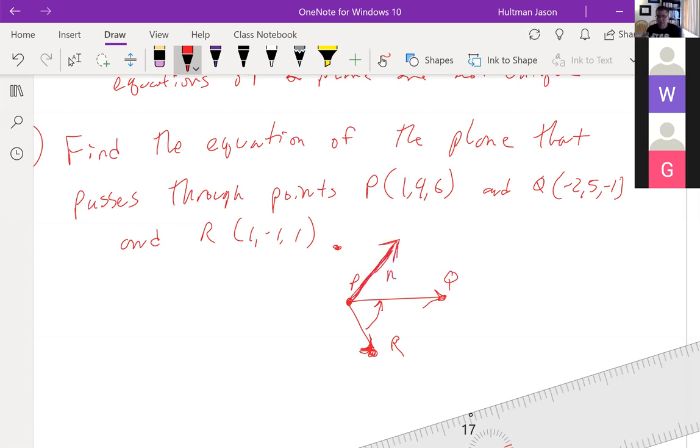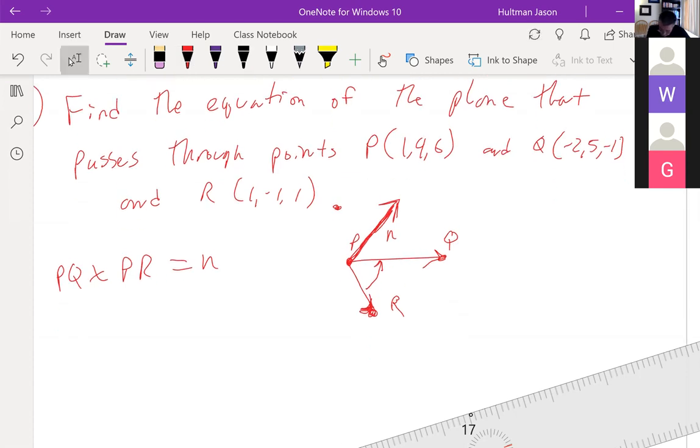Because I need a point and a normal vector. So I'm going to take PQ and cross it with PR to get n, my normal vector.